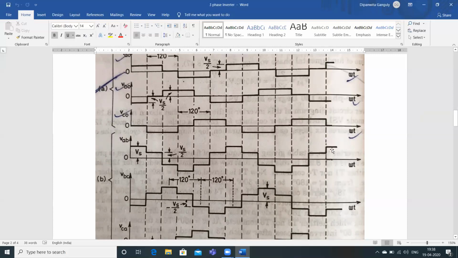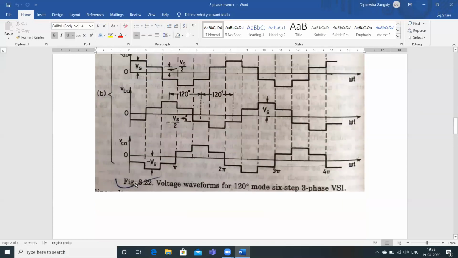If we draw the fundamental output voltage of VAB, then definitely that will be a sinusoidal waveform. This way we can explain VBC also as a sine graph and VCA will also be a sine graph.